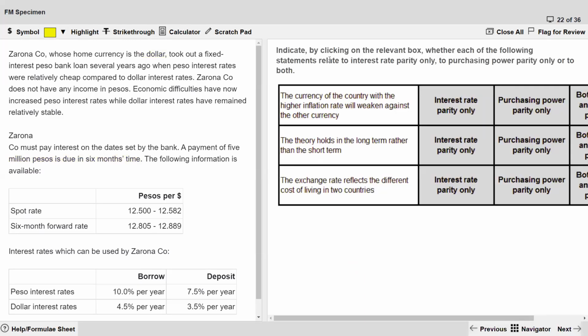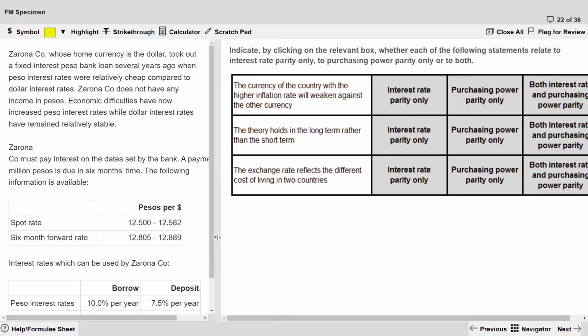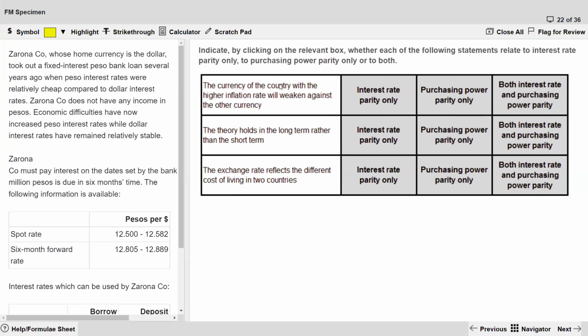Next. It says indicate by clicking on the relevant box whether each of the following statements relates to interest rate parity only, to purchasing power parity only, or to both. Okay, now what are the statements? The currency of the country with the higher inflation rate will weaken against the other currency. When it comes to inflation, inflation actually means purchasing power only.